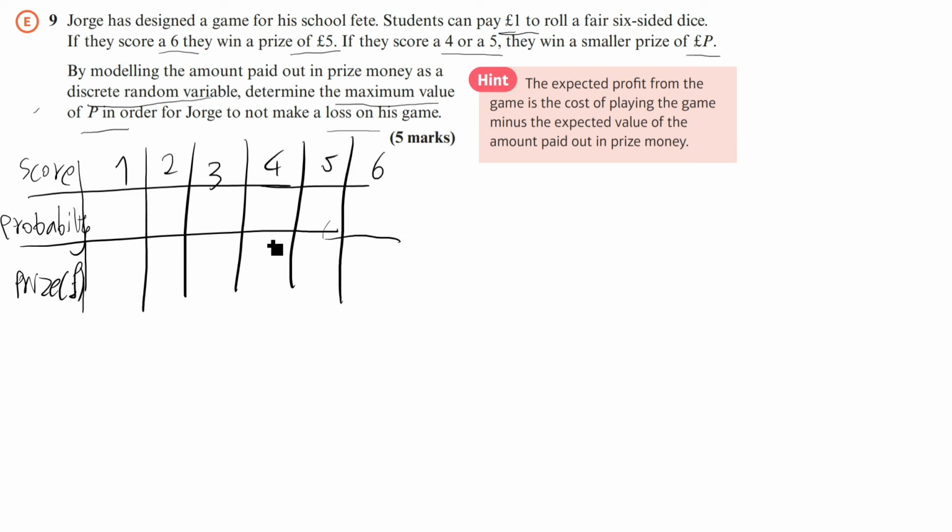The probability is 1/6 for all of the scores, because it's a 6-sided dice and a discrete random variable. And the price, according to the question, is p if they get 5 or 4, and £5 if they get 6. For the rest of them it is 0 pounds.